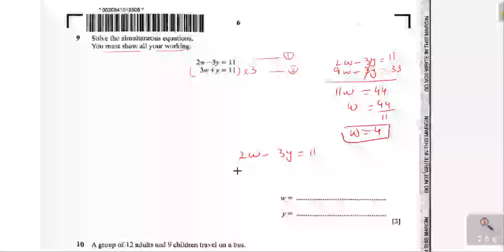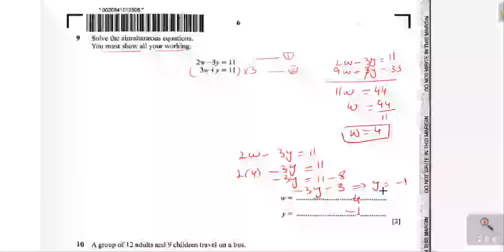Here, w is 4, so we write 4 times 2, which is 8, and minus 3y equal to 11. So 8 minus 3y equal to 11, and minus 3y equal to 3. Therefore, y will be equal to minus 1. And the answer is 4, minus 1.